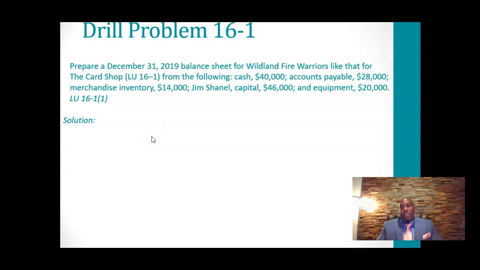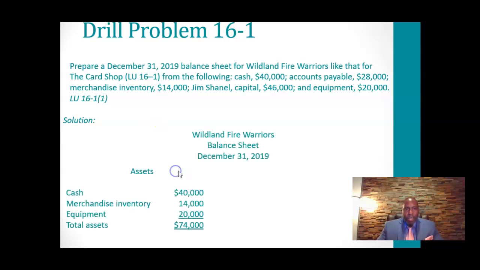Okay? So first, you must know the components of a balance sheet, which are your assets, your liabilities, and your stockholders' equity. But you have to know which accounts go under each of those different categories. So let's begin with our assets section.